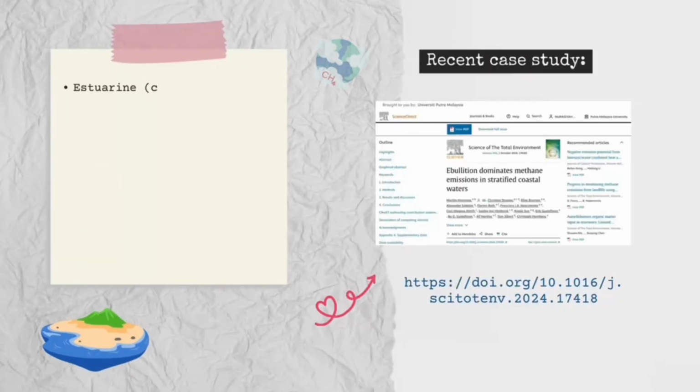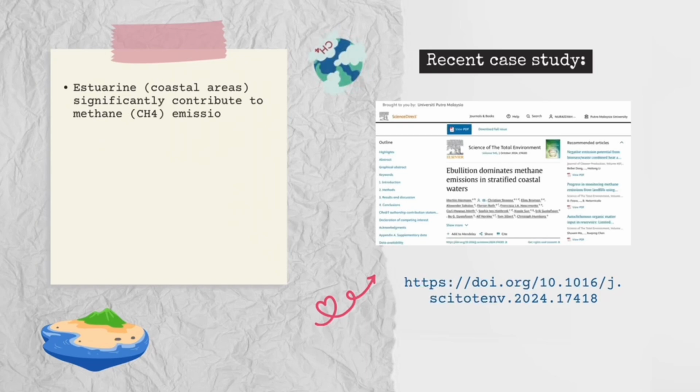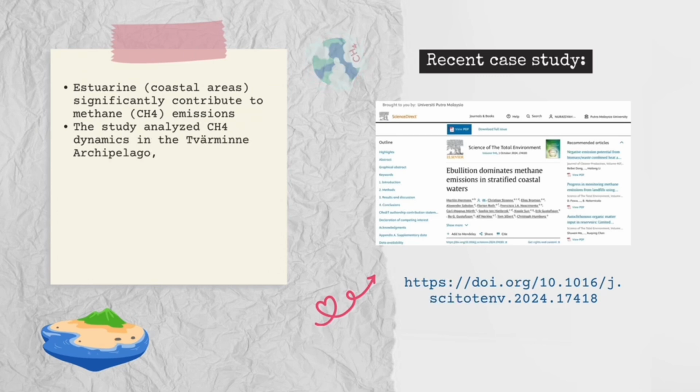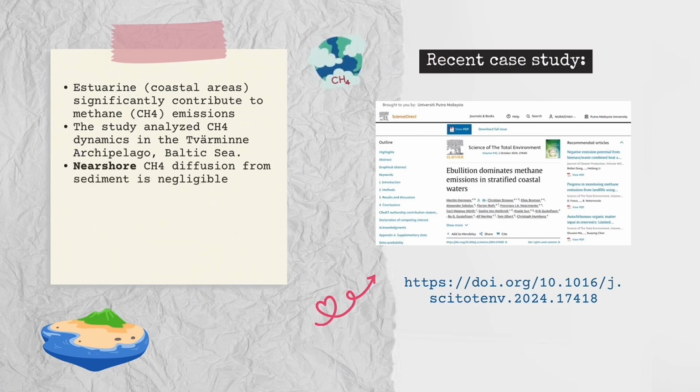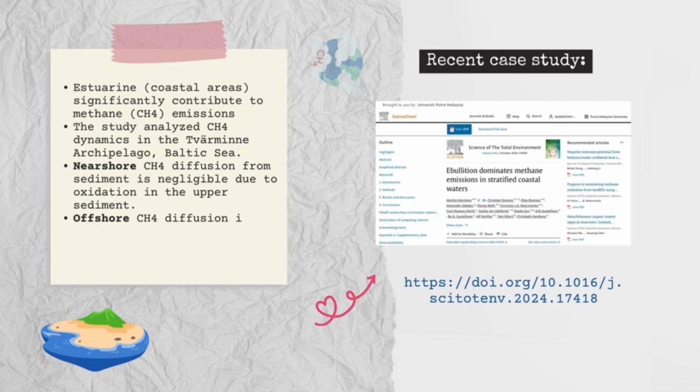Moving to the next part, which is a recent case study in microbial ecology of estuarine ecosystems. The case study is on abolition dominating methane emission in stratified coastal waters. This study investigates methane dynamics in coastal environments, focusing on the Tvärminne archipelago in the Baltic Sea. This area represents many estuarine systems with low salinity and high methane inventories.